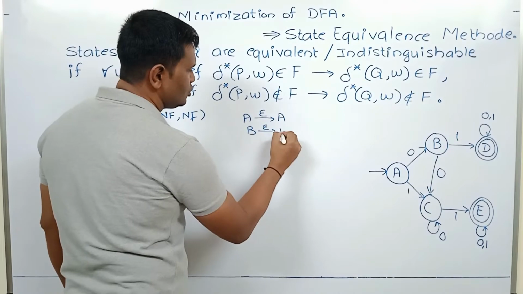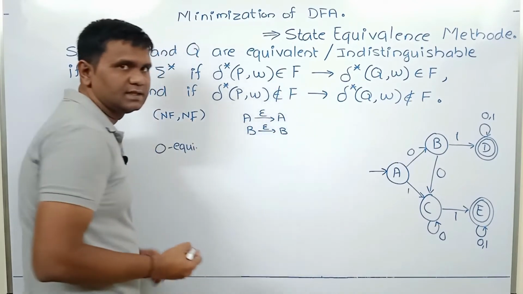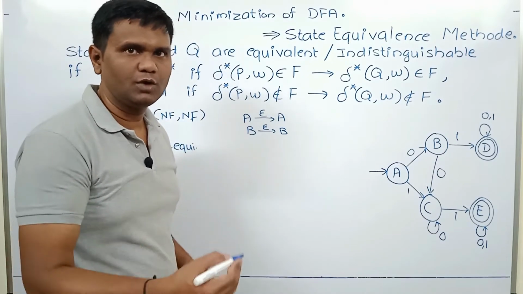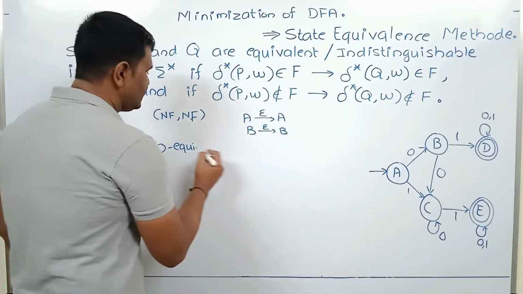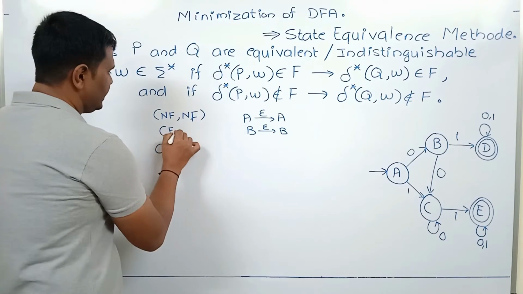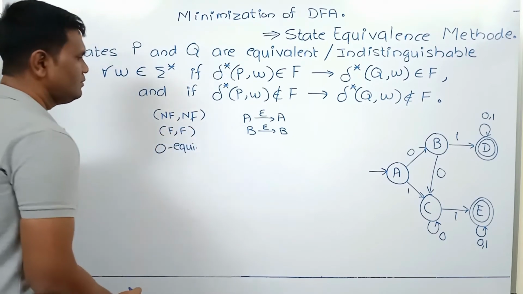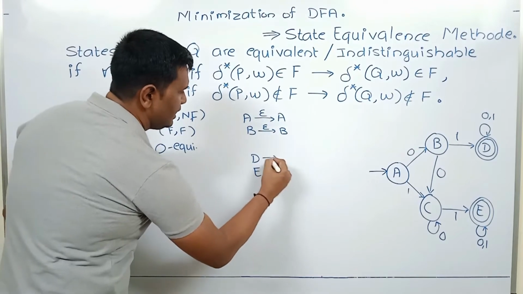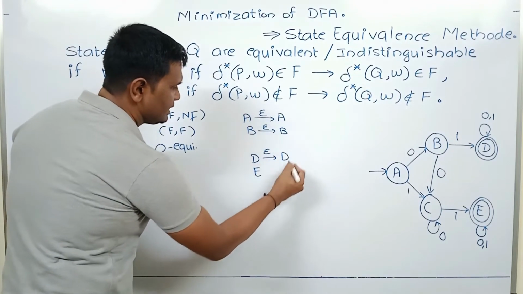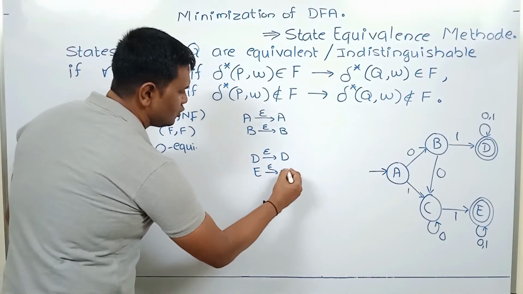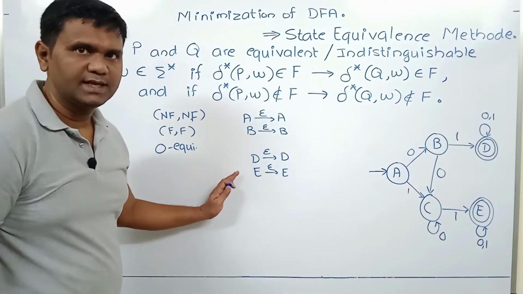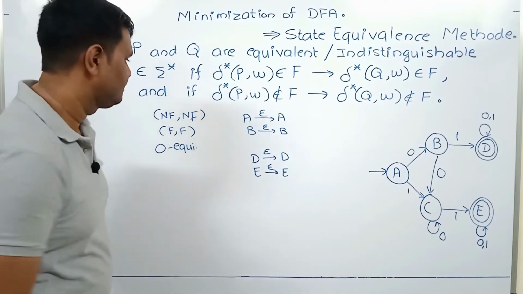B on epsilon goes to B, a non-final state. So any two non-final states are zero equivalent. If we consider any two final states, say D and E, D on epsilon goes to D, a final state, E on epsilon goes to E, a final state. So any two final states are zero equivalent.